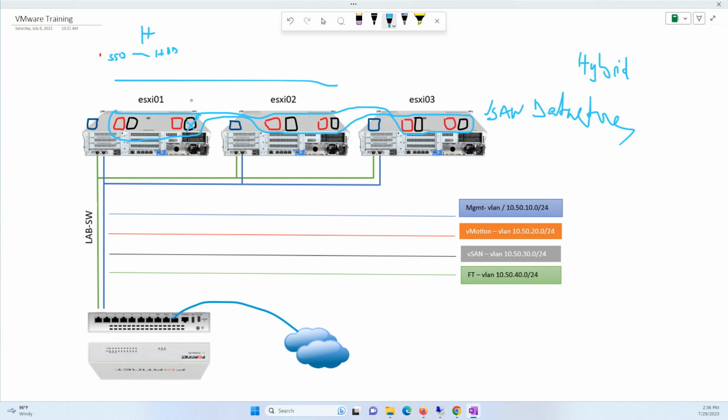But this was long days ago. I have many years doing vSAN. Every vSAN installation I do is the normal one now, what we call the all flash vSAN. All flash vSAN means your cache tier and your capacity disks are all SSD.